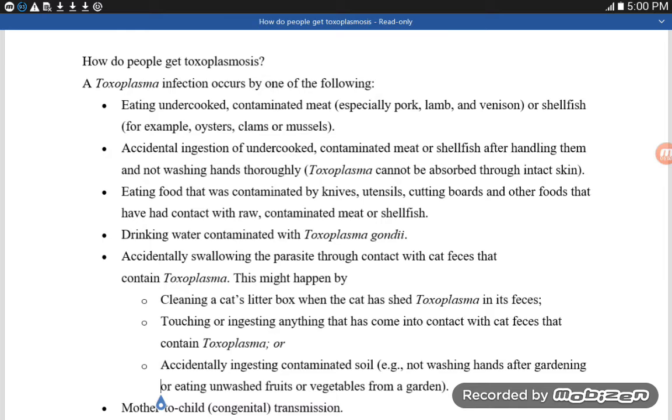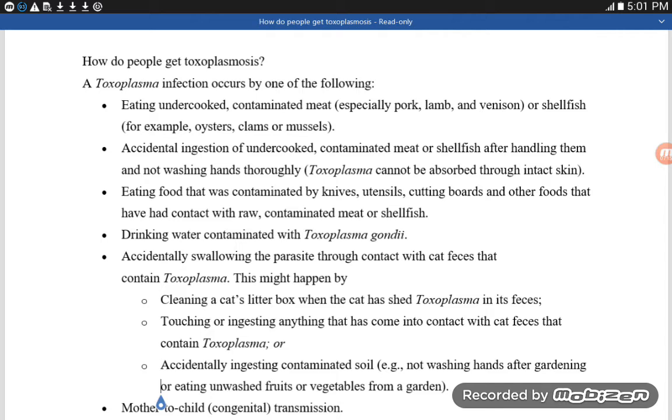Touching and ingesting anything that has come into contact with cat feces that contain Toxoplasma. Here also, if anything has contact with cat stool and we touch it, we may be infected.